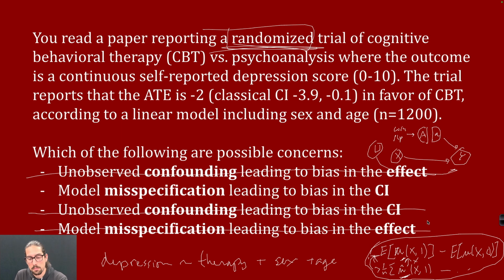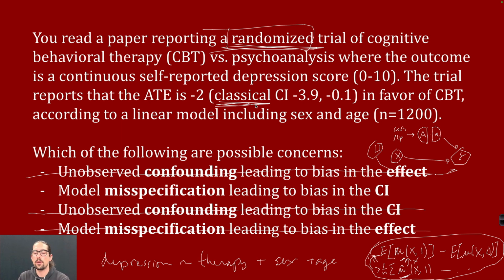Now we have a last one, model misspecification leading to bias in the confidence interval. Here you have to notice that this is the classical confidence interval, which we saw earlier in this lecture does depend on these model assumptions. And that happens whether or not the exposure is randomized, because we discussed that in the context of just the mechanics of the regression model, no causal anything.